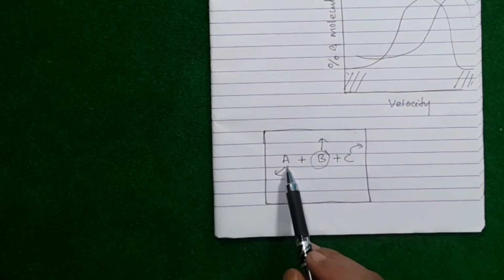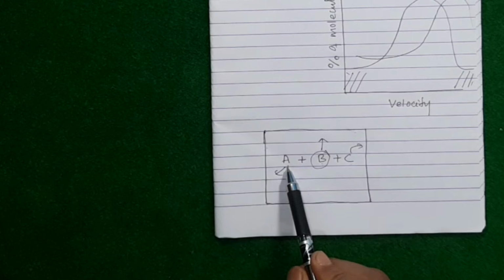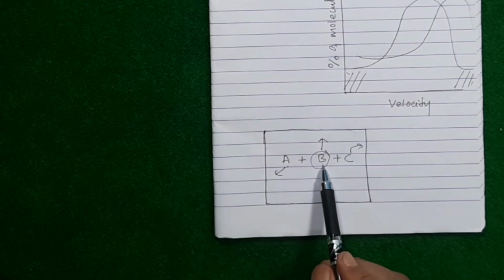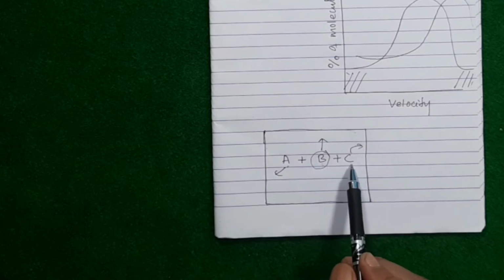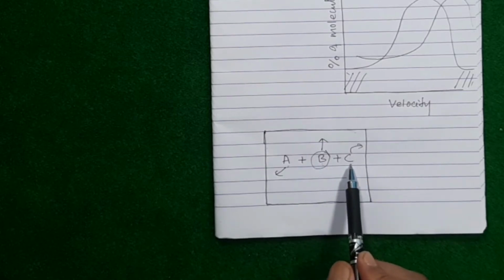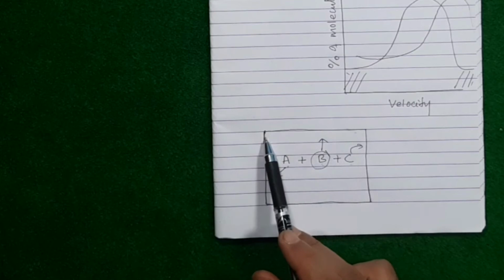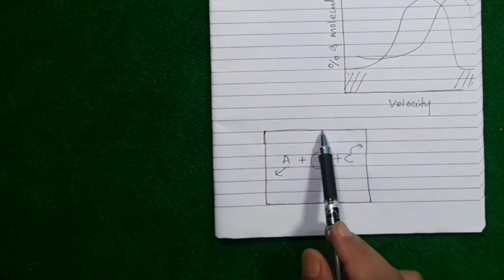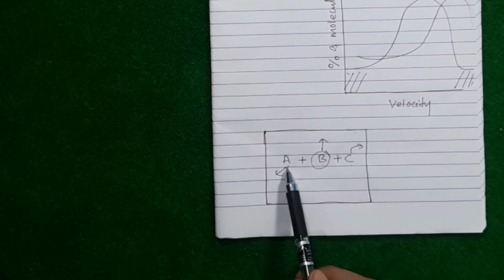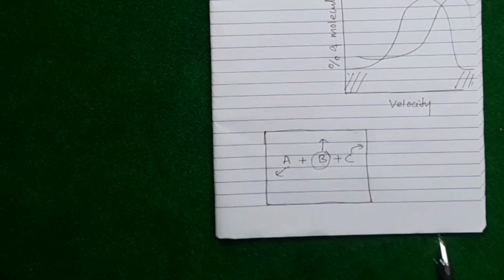For example, pressure exerted by A alone is known as the partial pressure of A, pressure exerted by B is called the partial pressure of B, and pressure exerted by C is known as the partial pressure of C. If you want the total pressure of this mixture of gases, you have to add the partial pressures of A, B and C.